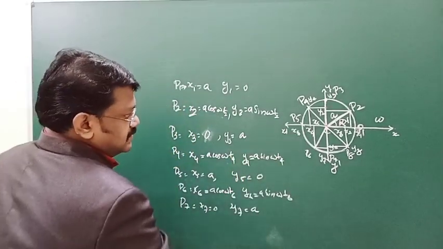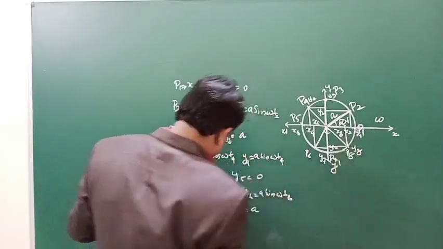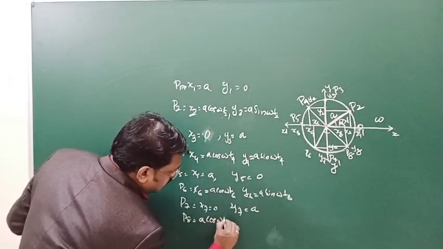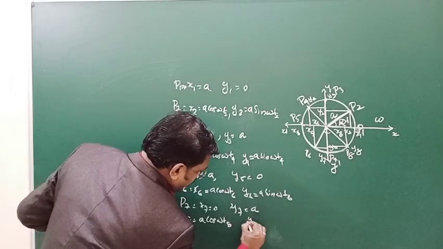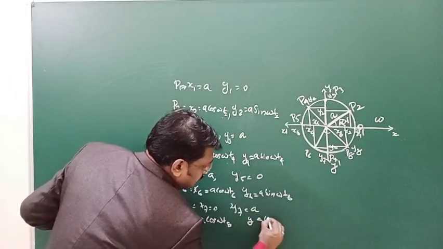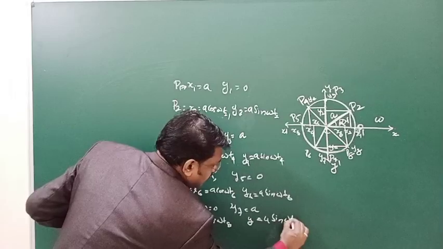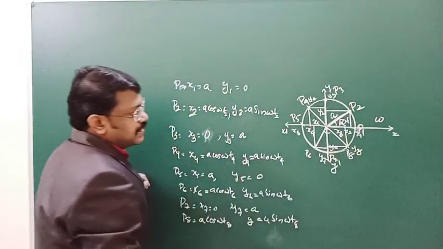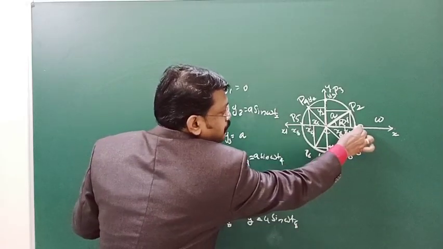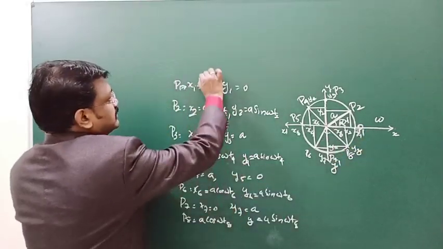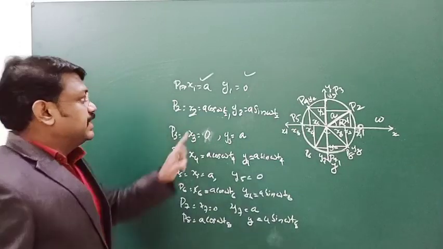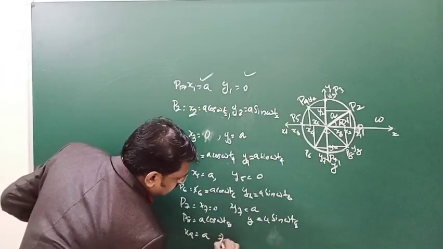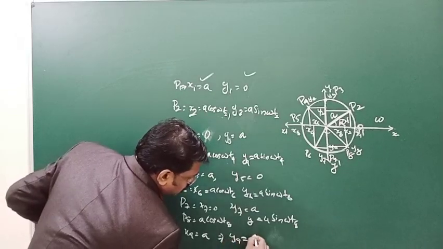Then P8 is a cos omega t8 and y8 is a sin omega t8. Again at 9, it is coming back to the same point P1, so x9 is equal to a and y9 equal to 0.